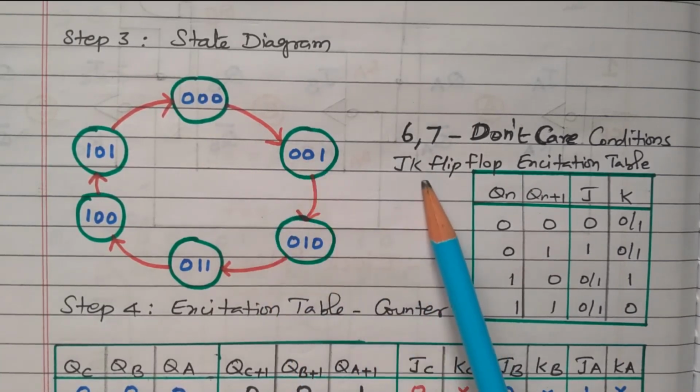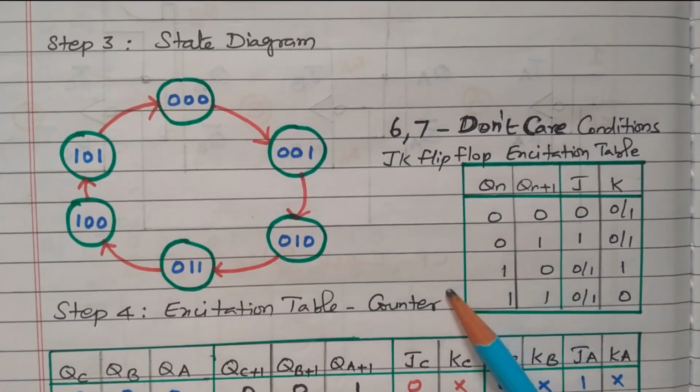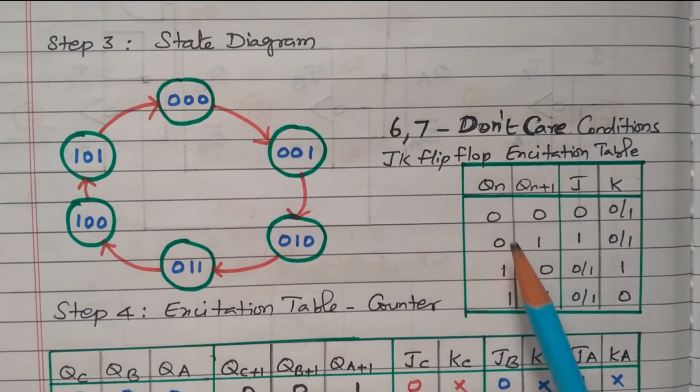For this we need the excitation table of the JK flip flop, so that we can decide the inputs to the JK flip flop.